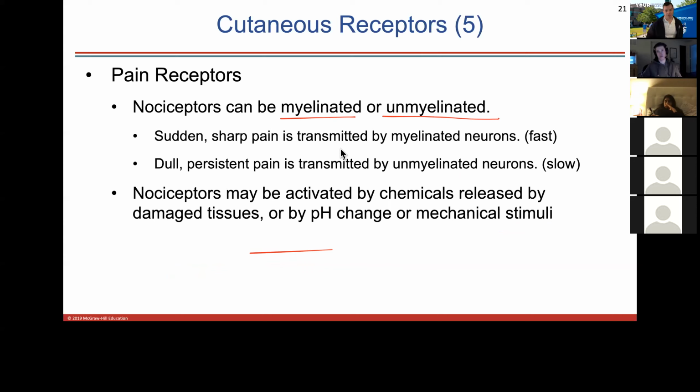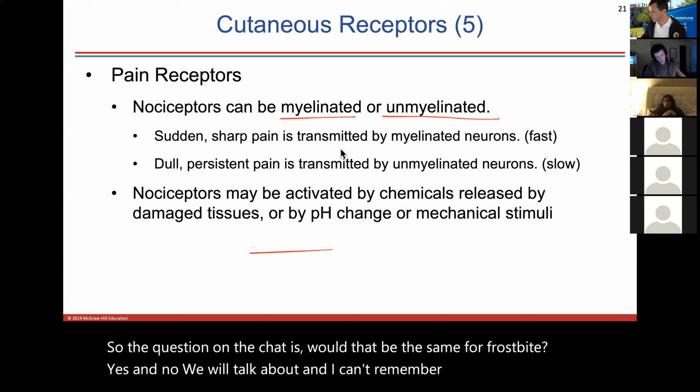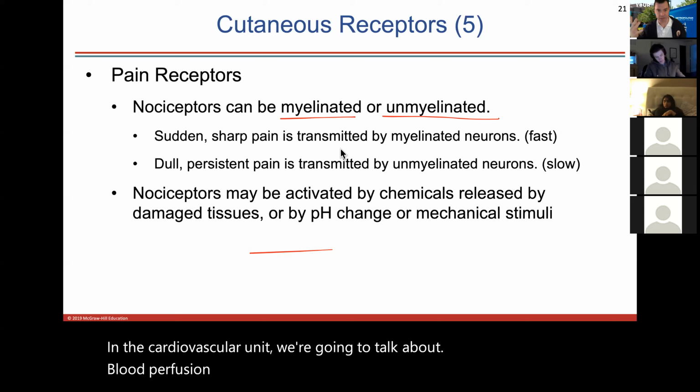So the question in the chat is, would that be the same for frostbite? Yes and no. We will talk about it, and I can't remember if it's in the cardiovascular unit, we are going to talk about blood perfusion into a couple of different regions, like the brain, skeletal muscles, and the skin.